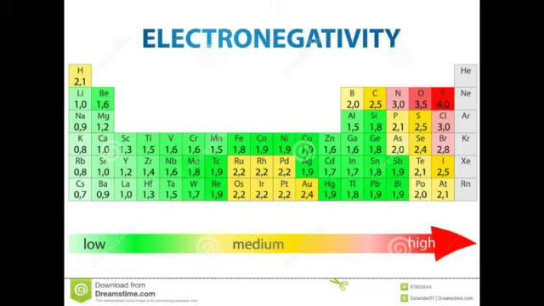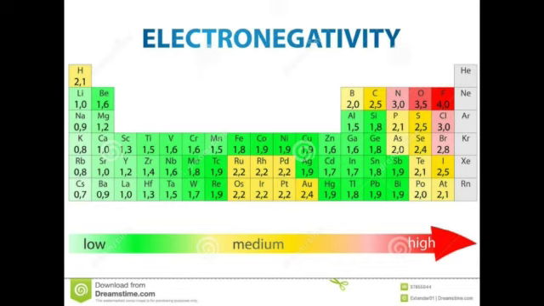If the difference in electronegativity between two elements is 1.7, the bond has 50% ionic character and 50% covalent character. If the difference is less than 1.7, the bond is considered to be more covalent. If the difference is greater than 1.7, the bond is considered to be more ionic.